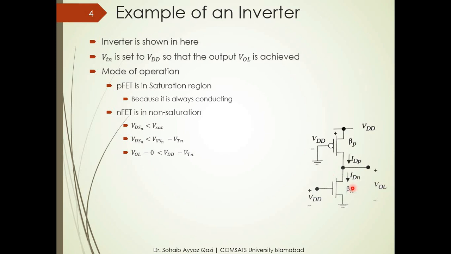In this circuit, VGSN is given by VDD. This is VG and this is VS. So VGSN is equal to VDD. If we replace the values here, we can observe that VOL is obviously a lower voltage than this expression, which is VDD minus VT. So this expression is satisfied, and the NFET here is in non-saturation region.